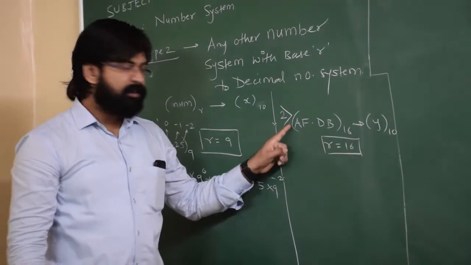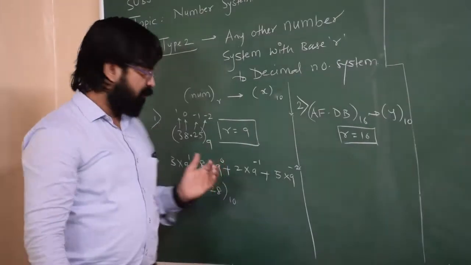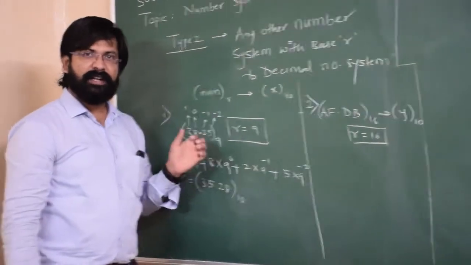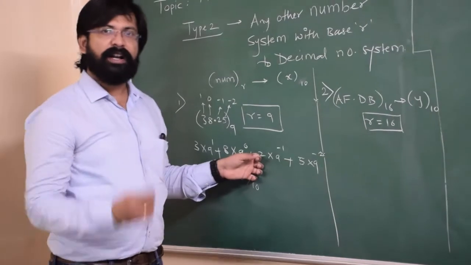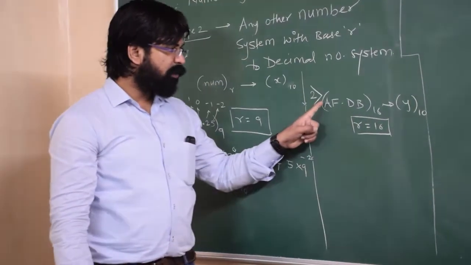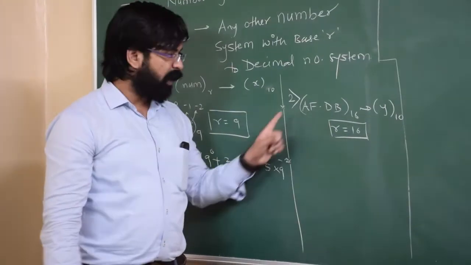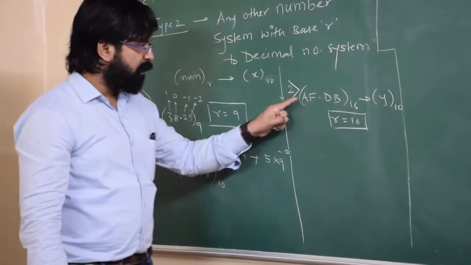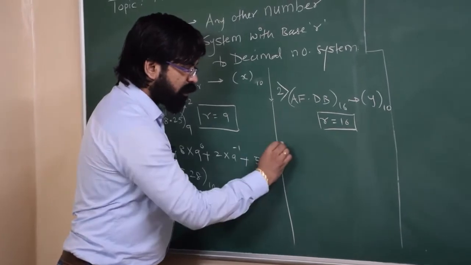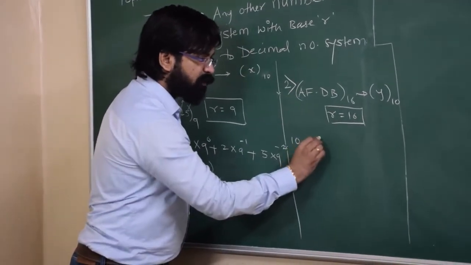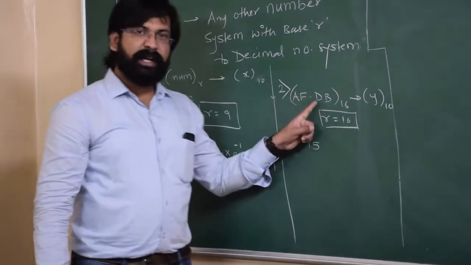But as I said in the earlier type, whatever multiplications and divisions and additions or subtractions that we do are naturally in decimal. So you have to convert every given alphabet into a numerical value. Meaning A would be replaced with what? 10. F will be replaced with what? 15. What is meant by D?